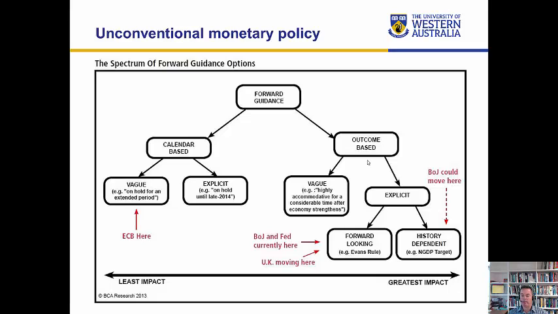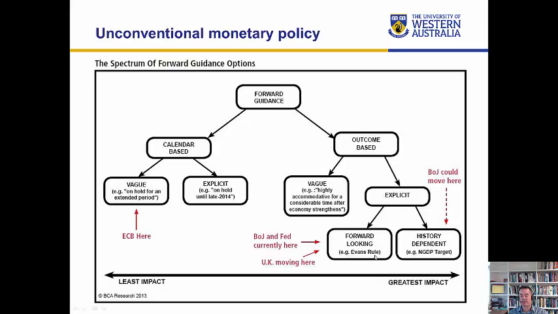And I won't really worry about focusing on the forward-looking or the history-dependent target. You can do a little bit of reading on those if you like, but I think for this course, if we just understand the difference between calendar-based and outcome-based forward guidance, and that under each of those we've got vague and explicit statements, then that will certainly be enough.